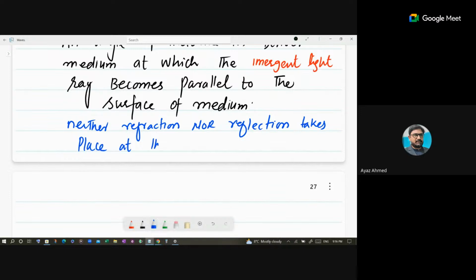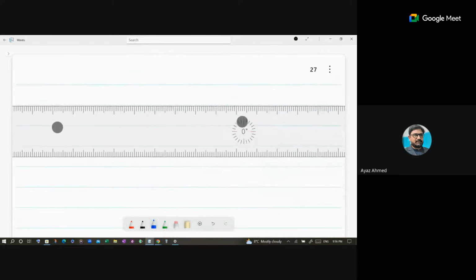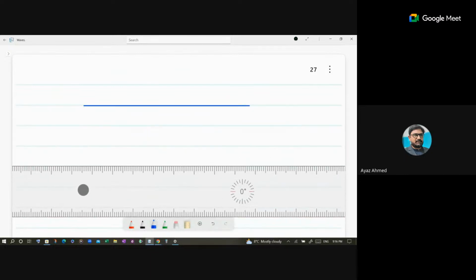Takes place at the critical angle. So I can say that if I draw that angle on a surface, let's say this is a boundary, and we have to draw an angle over here.